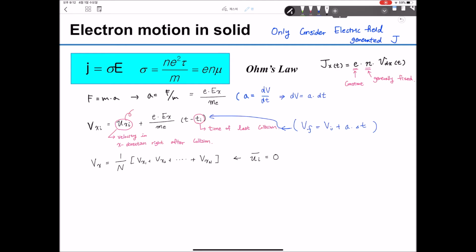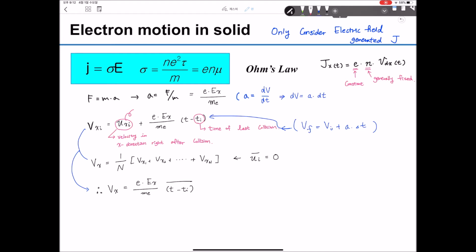So by using these two things, if I write it down again, the drift velocity in x, or the velocity of the electron in the x direction due to the Coulombic force, is equal to e times Ex over me times the average of (t minus ti).